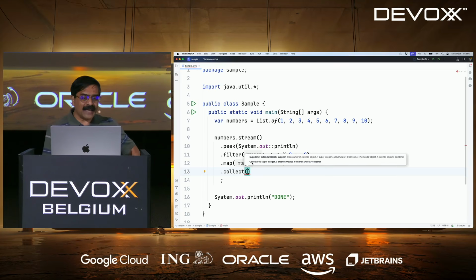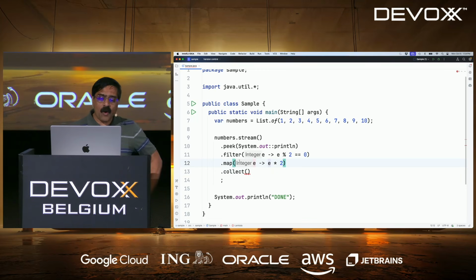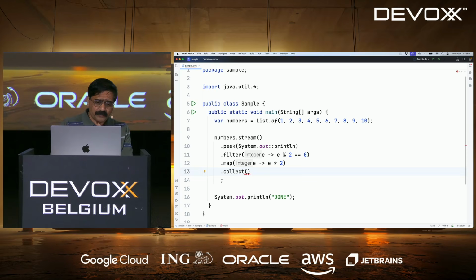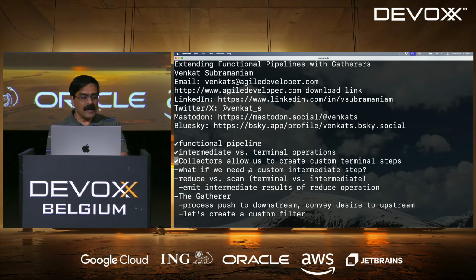Because it's a Collector, you can implement your own Collector in here, and as a result, you can dive into that particular Collector and implement your own Collector interface. So right from the days of Java 8, we had the ability to implement our own custom terminal operation.